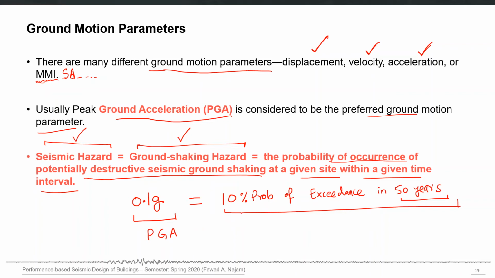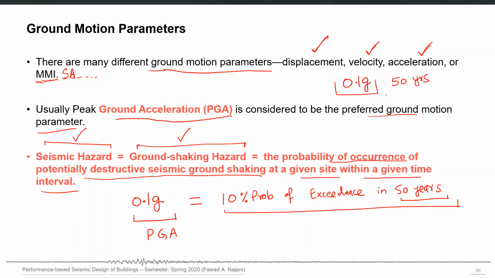So this is the complete description of the ground shaking hazard, that we do not define it by just one fixed number. For example, before this probabilistic definition we had the deterministic definition, where 0.1 g would have simply meant that the maximum acceleration which can be experienced at this particular site in the future, given let's say 50 years or any time, is 0.1 g.